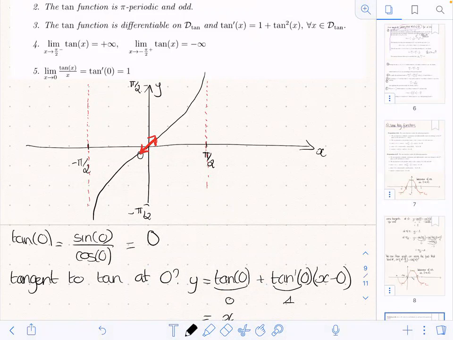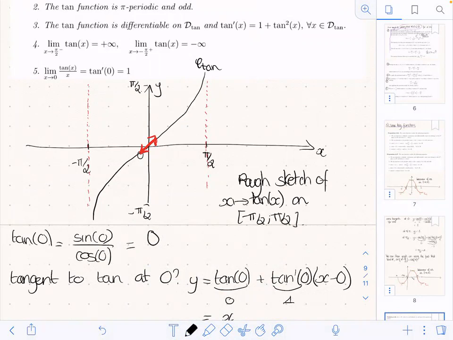Here you'll have this, and then here you'll have the same, and here you have the same thing. So this is a rough sketch of x maps to tangent x on minus pi over 2, pi over 2. Of course, this isn't the whole behavior on R. You'd have to complete the graph to get that.